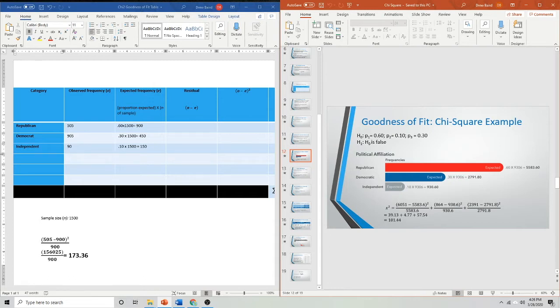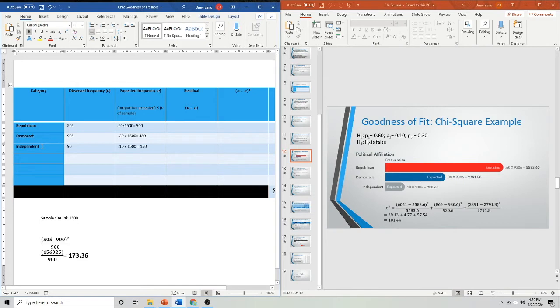So this is the table that I have for you. I have a blank version of this that I posted in course resources. And this will give you an opportunity to organize your work in a way that should simplify things and keep you on track and keep this from getting overly cumbersome. So the first thing you do is you write down what your categories are.